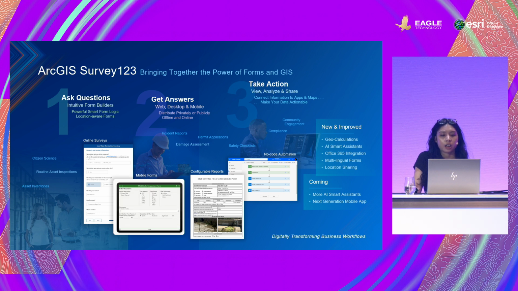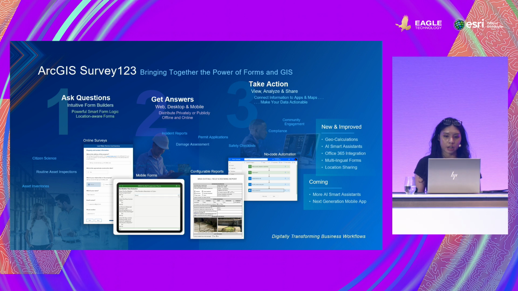Secondly, we want to get answers. And to get answers, you can use either the Field app, mobile app, or the web app. Surveys can be completed once or multiple times by the respondents, who may be either the public or users within your organization. And then, lastly, you can take action or analyze your results using web apps or websites.